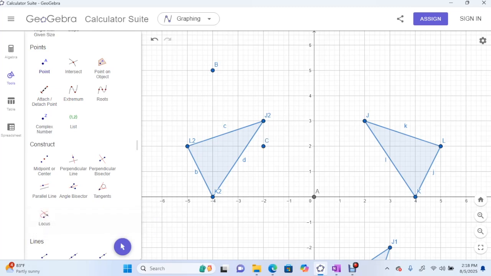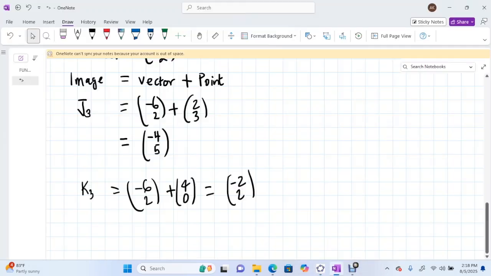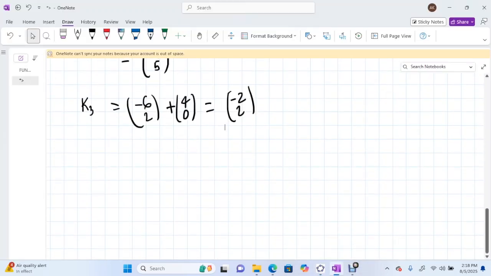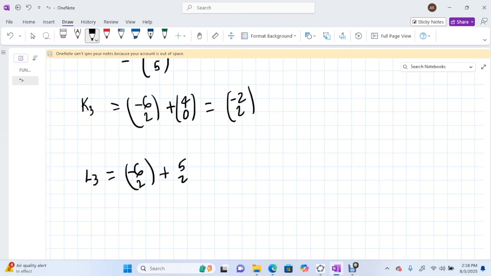And then we do the last one, which is L, and L is going to map to L3, and that's going to be -6, 2 being added to the point 5, 2. Yeah, 5, 2, and that's going to be -1 and 4, and this point is going to be L3.